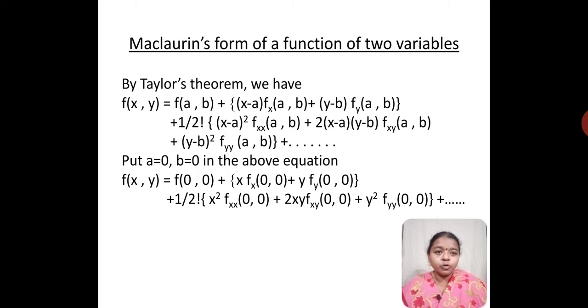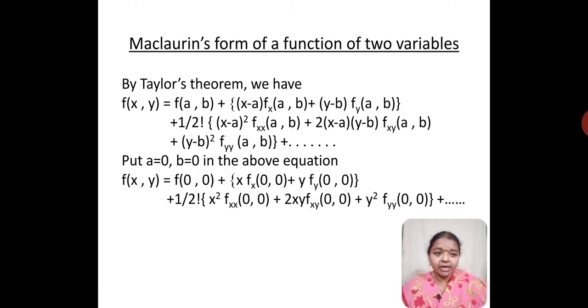To get Maclaurin's series or Maclaurin's form, we have to put a = 0, b = 0 in the above equation. In doing so, the result we get is nothing but the Maclaurin's form in two variables.